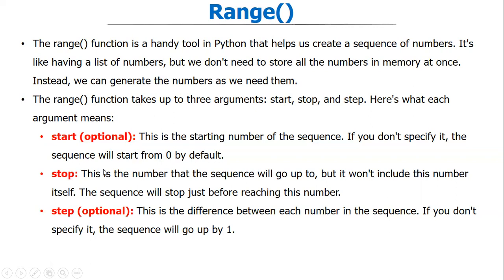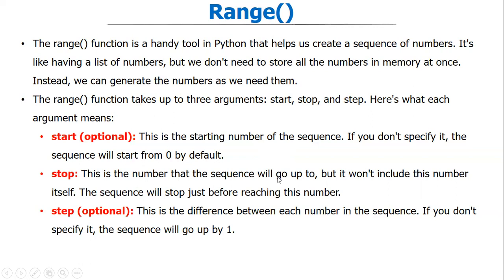Then we have the stop. This is the number that the sequence will go up to, but it won't include this number itself. If you are saying that it should start from 1 and end at 10, then for the stop we are supposed to give it a value of what? 11, because it is the number that the sequence will go up to, but it won't include this number itself.